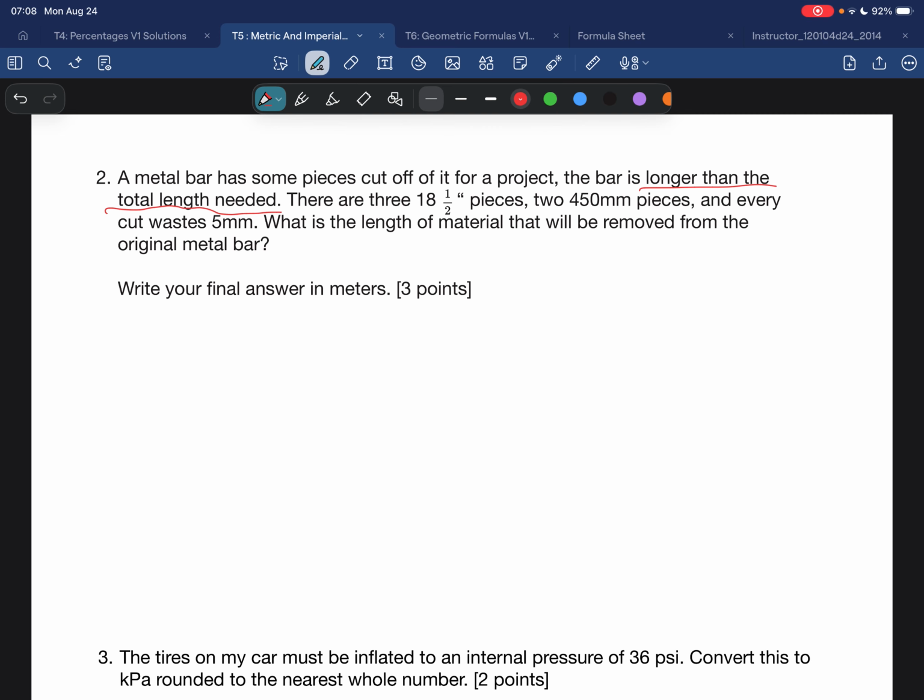Okay, great. So first I'm going to find the total length of everything, basically. We have the 18 and 1/2 inch pieces, so otherwise known as 18.5 inch pieces, and we have 3 of them, so I'm going to multiply this by 3. Great.